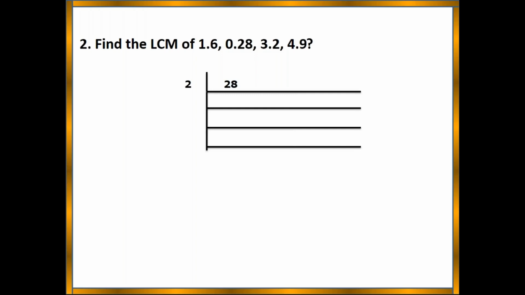So I considered only 3 numbers: 28, 320, 490. So please concentrate in online class. This is not offline. So 2 times 160 is 320, 2 times 245 is 490.